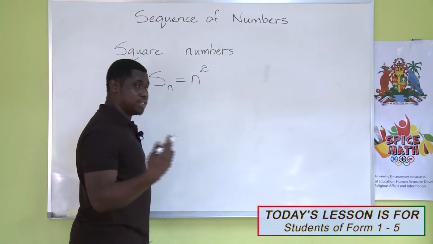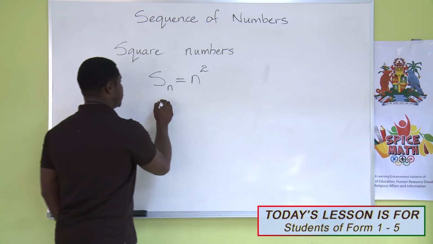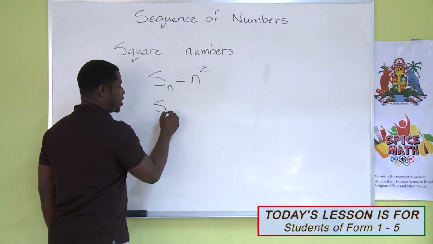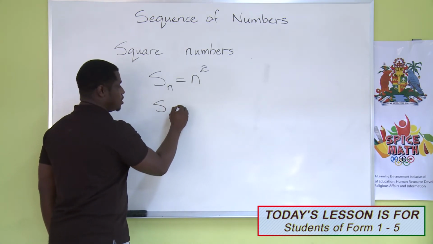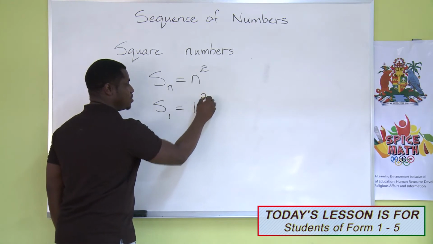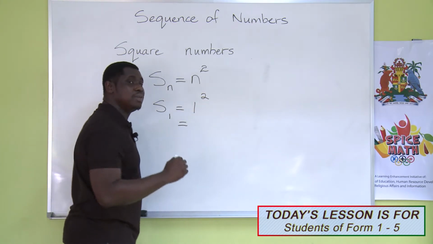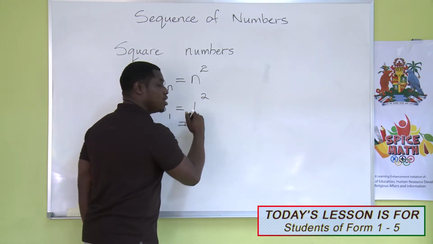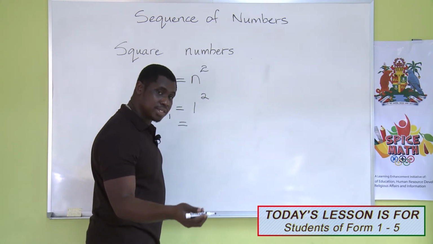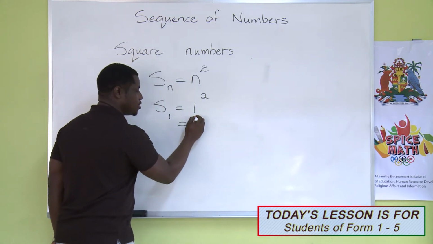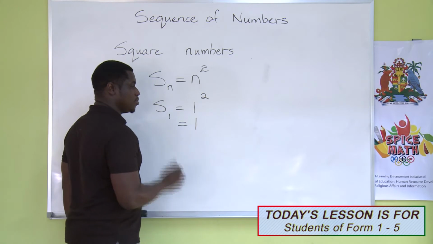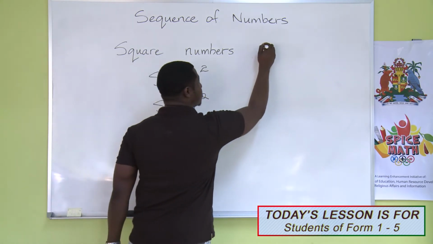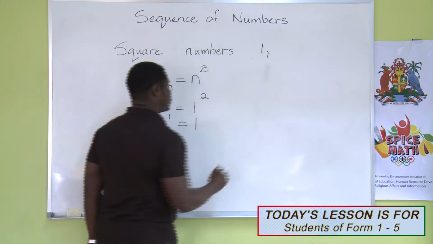So what is the first squared number? S subscript 1 is equal to 1 squared. And 1 squared means I'm multiplying 1 times itself. And 1 times 1 gives me 1. So we can establish that the first squared number is 1.